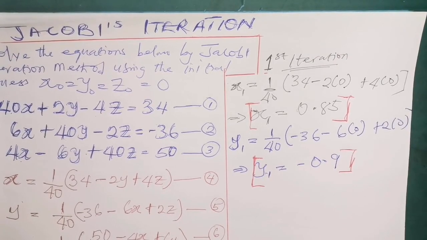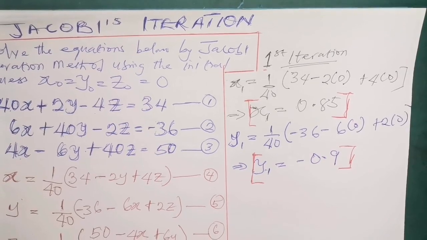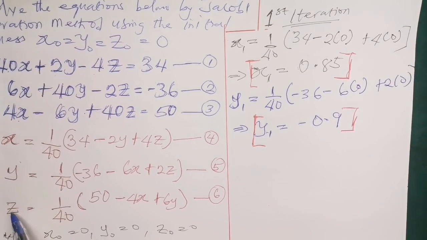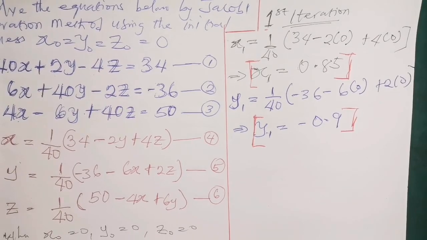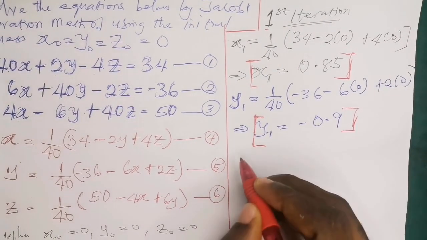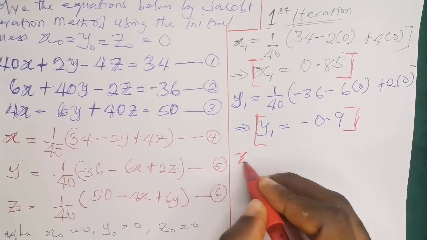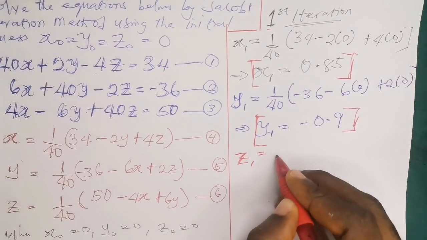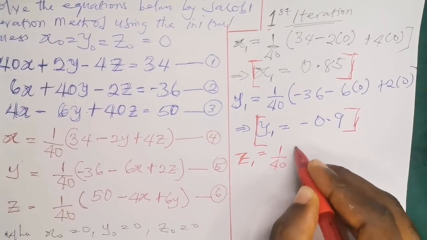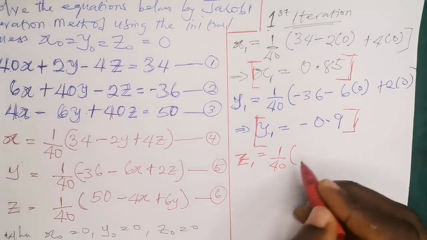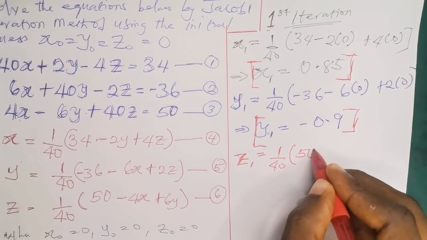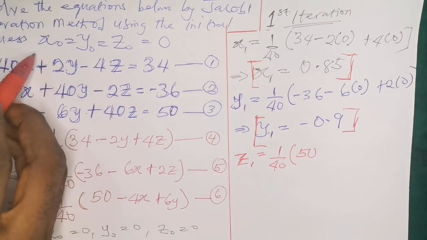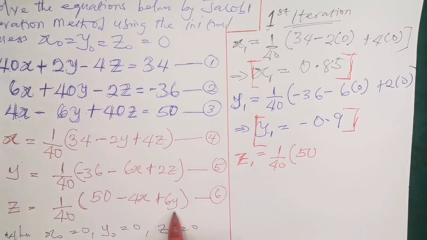Next we solve for z. Z is now going to be, this becomes z1, and z1 is going to be equal to, from the equation, 1 over 40. So once again, 1 divided by 40, multiplying through by 50, minus 4x, but x represents x naught, where x naught is 0, which is the initial guess. Again, y represents y naught, where y naught is 0.